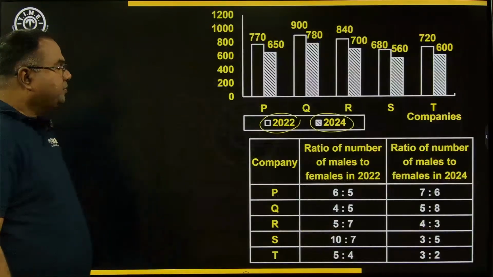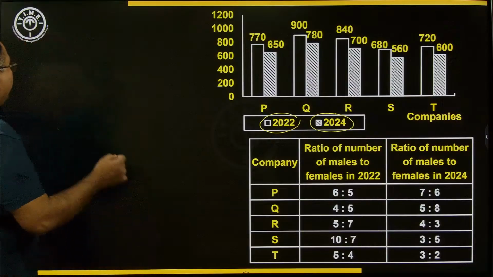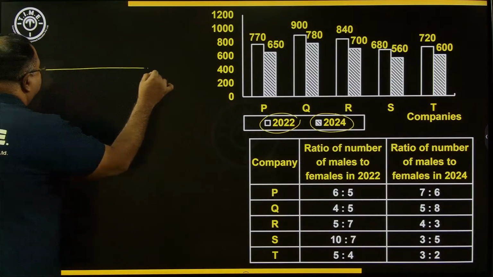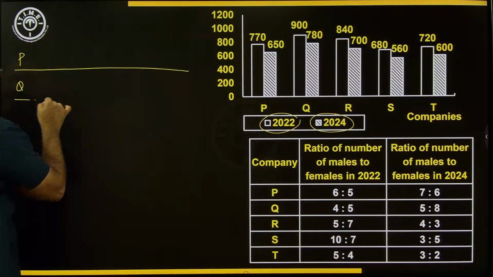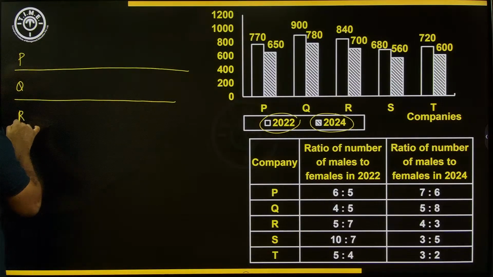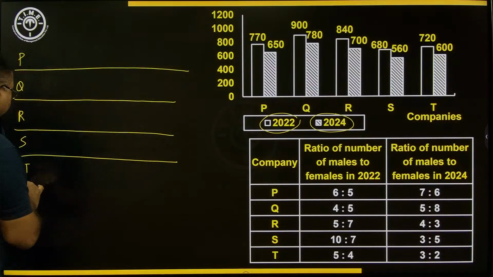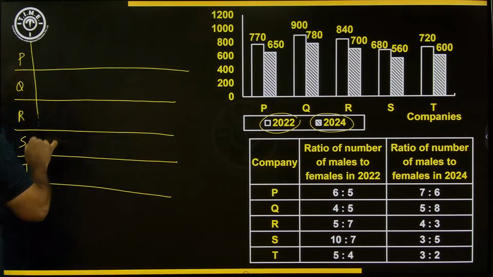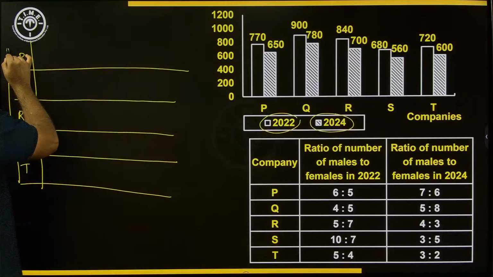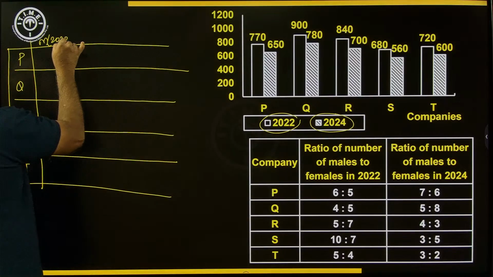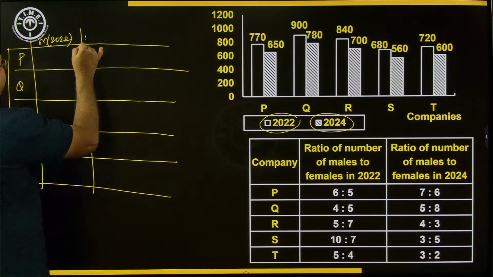Okay. So I can write down PQRST. I'll take males in 2022, females in 2022.